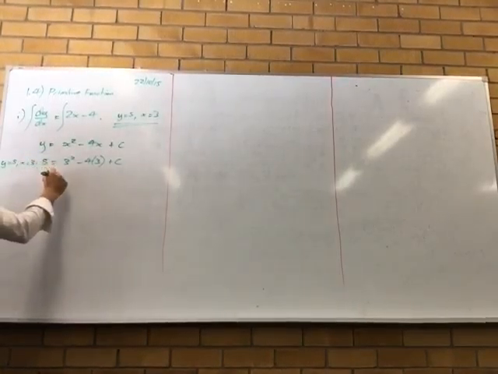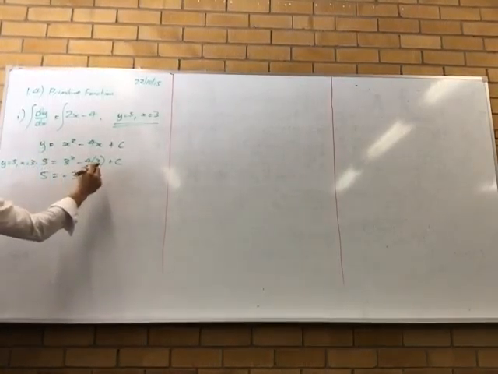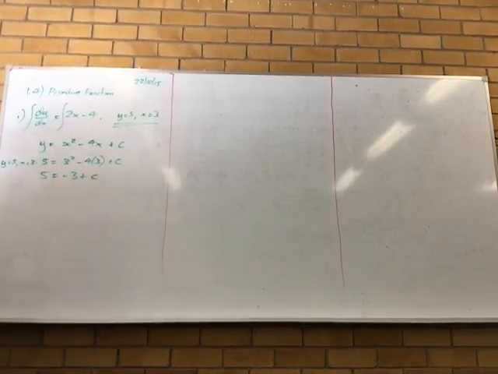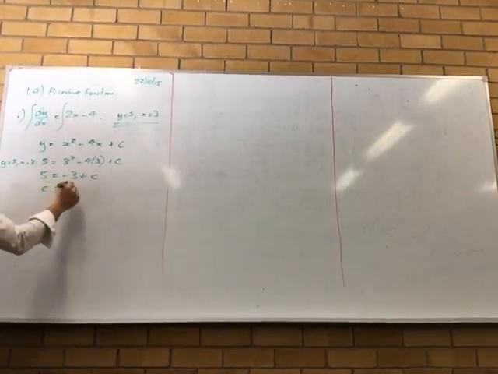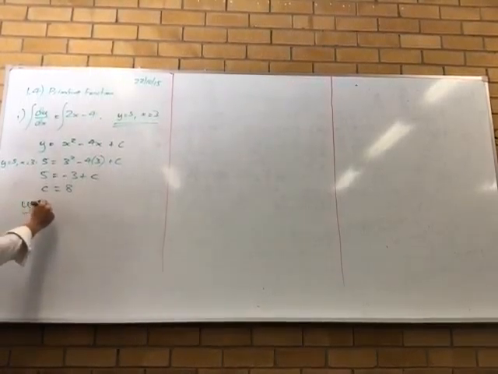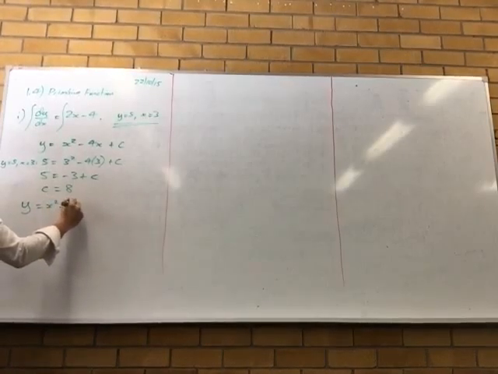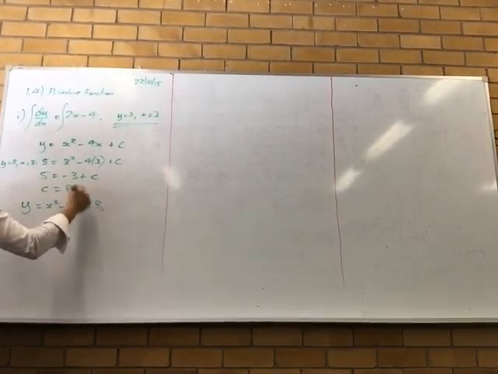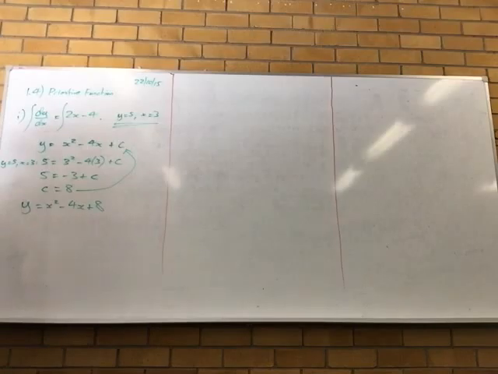So 9 take away 12, negative 3, plus c. So c is going to be 8. Okay, so the original function is y equals x squared, take away 4x, and then we substitute that value for c into what we just integrated.